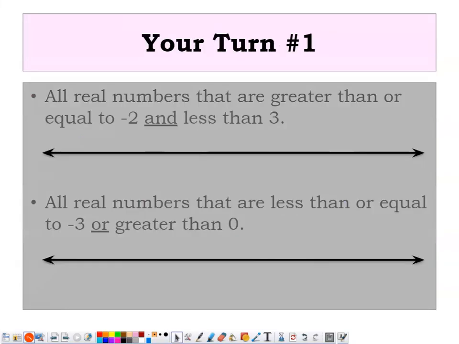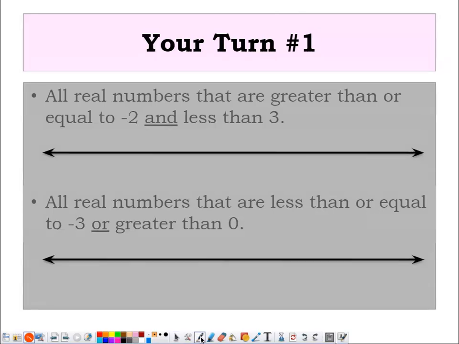Go ahead, pause the video, try this example out. We're going to work through the solution together, and then you can skip through and check your answer. So all real numbers that are greater than or equal to -2 and less than 3. So again, I'm going to write that out. So we have -2 less than or equal to x, less than 3.